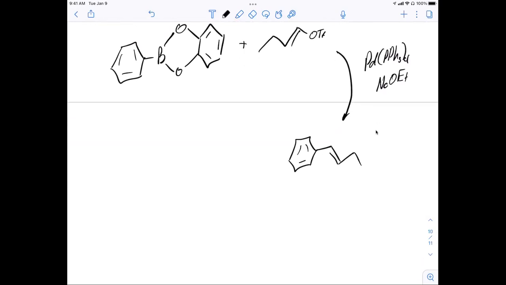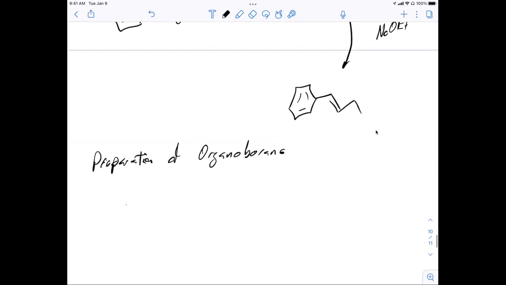One of the differences here is to make the organoborane, you can start with just a triple bond or a double bond.